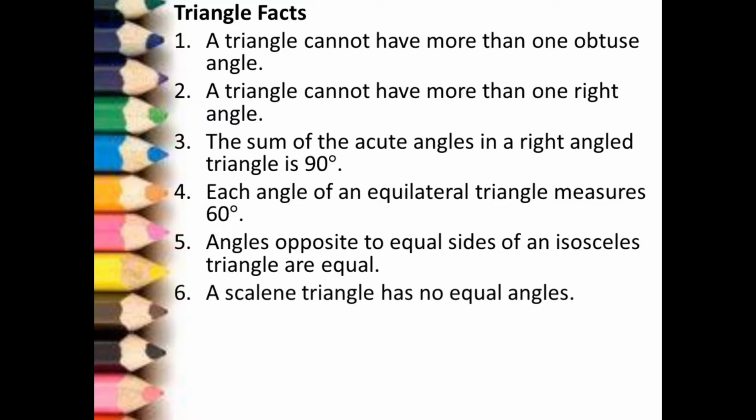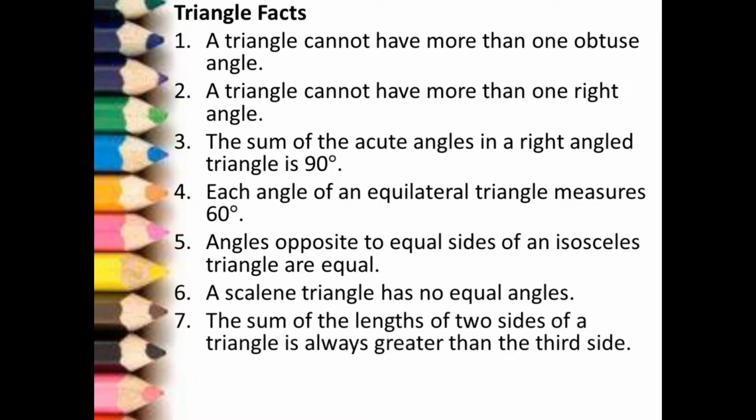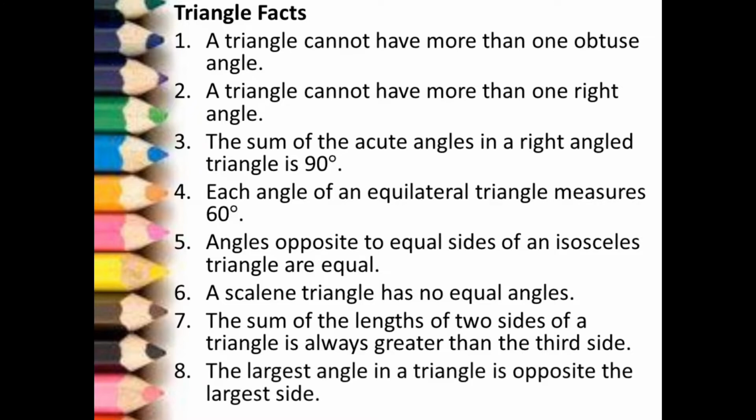Next, it says that a scalene triangle has no equal angles. The next fact says that the sum of the lengths of two sides of a triangle is always greater than the third side. And the last fact says that the largest angle in a triangle is opposite the largest side. Hopefully it is also clear to you.